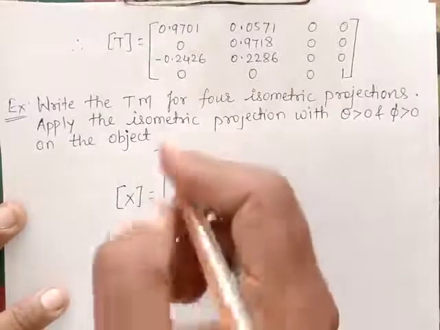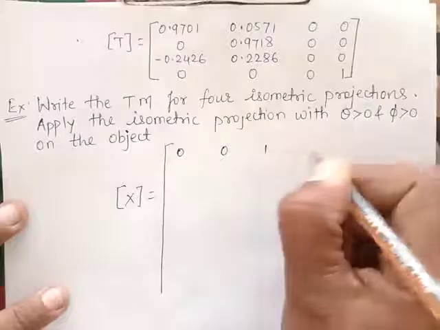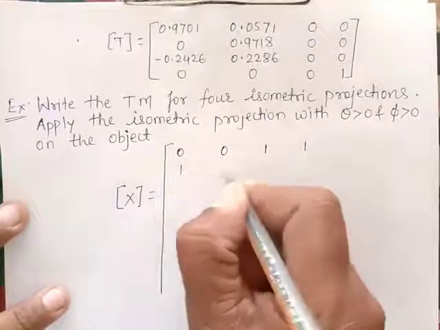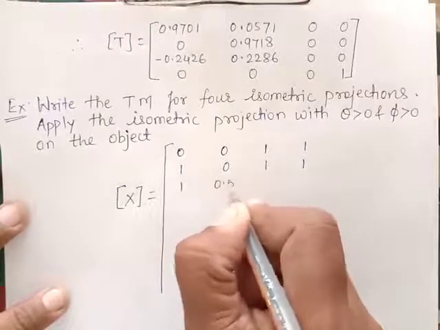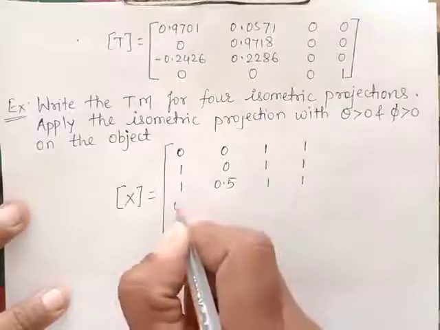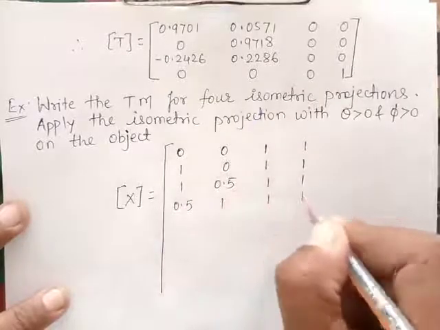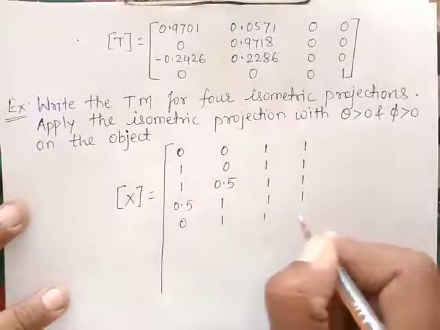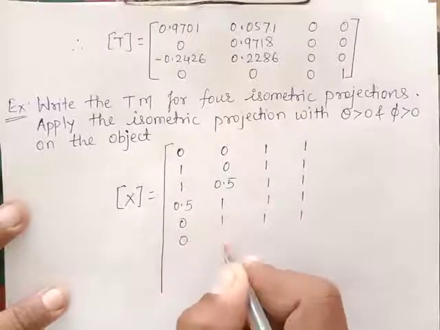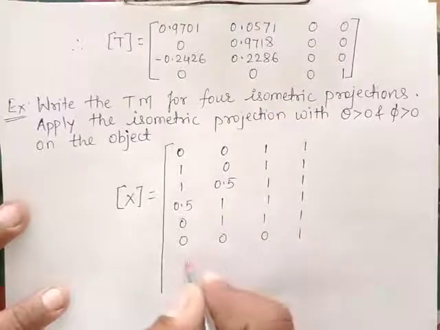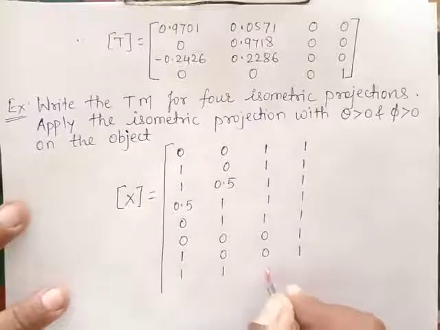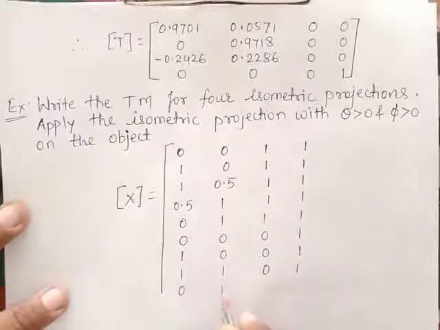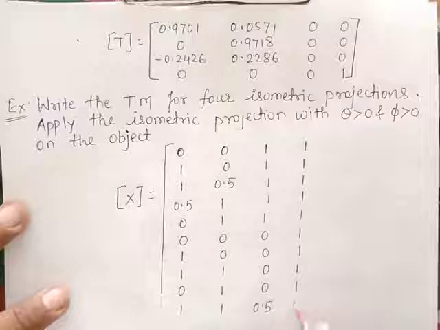It is 0 0 1 1 1 0 1 1 1 0.5 1 1 0.5 1 1 1 0 1 1 1 0 0 0 1 1 0 0 1 1 1 0 1 0 1 0 1 1 1 0.5 1.